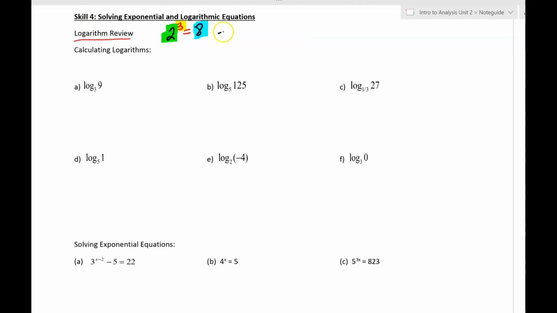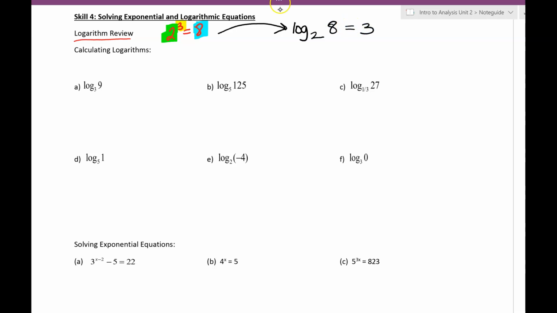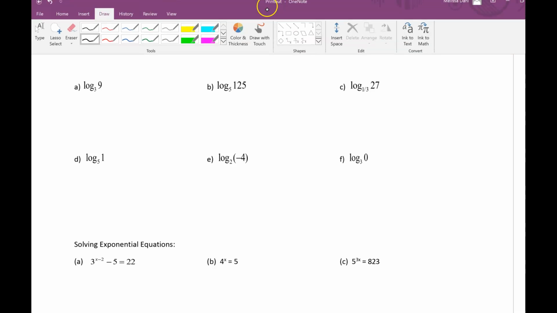If we rewrite this in log form, log was specifically designed as a function to go with exponents and write them in a different way. This would be log base 2 of 8, and we would calculate that to be 3. So notice they're giving you different information.